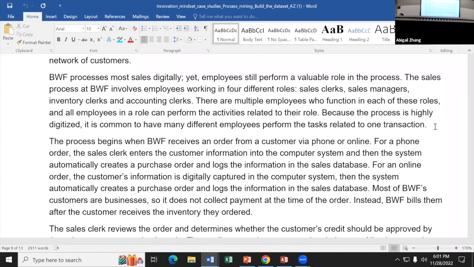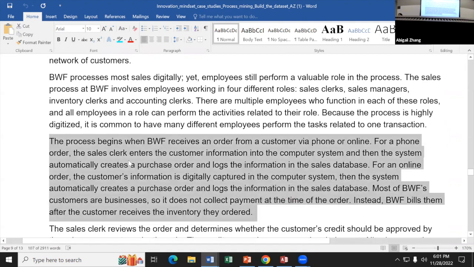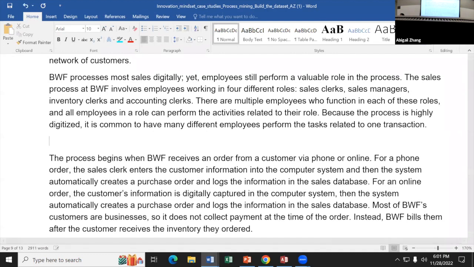For example, the 3rd paragraph is mainly about generating a customer order, so I will put a subtitle here, like create a customer order, so that we know the major steps of the company in the sales process or order to cash process.